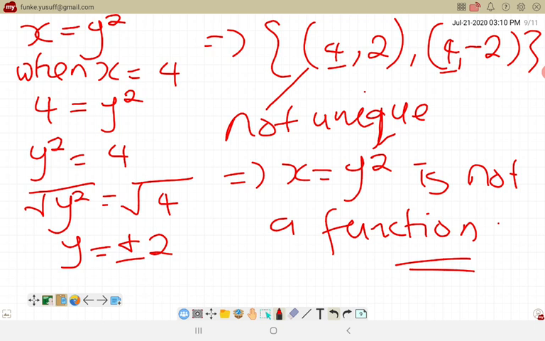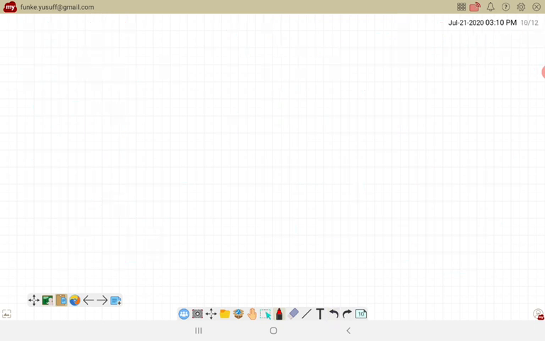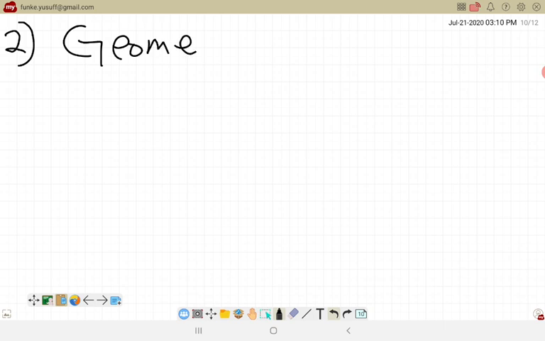Okay, now number 2 way of testing. The second way of testing for function, we call it the geometric test.